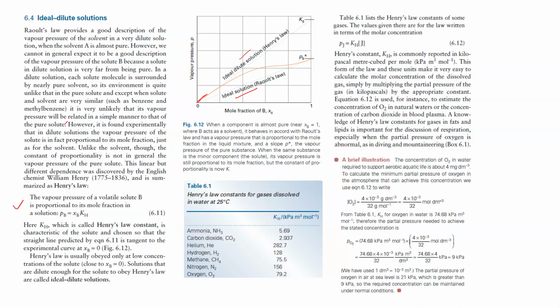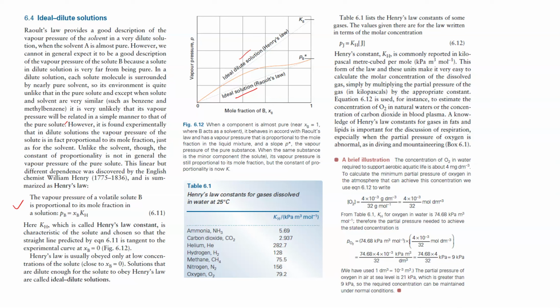So when a component is almost pure, where near mole fraction of B equals 1, where B acts as its solvent, it behaves in accord with Raoult's law and has a vapor pressure that's proportional to the mole fraction in the liquid mixture and a slope P, the vapor pressure of the pure substance.